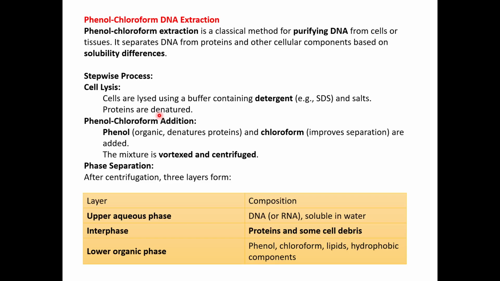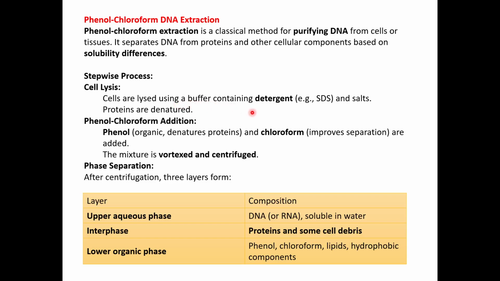So that is it for that. And next is phenol chloroform DNA extraction. Phenol chloroform DNA extraction is a classical method for purification of DNA from cells. It separates the DNA from proteins and other cellular components based on solubility differences. First we have to lyse the cells to extract their content.